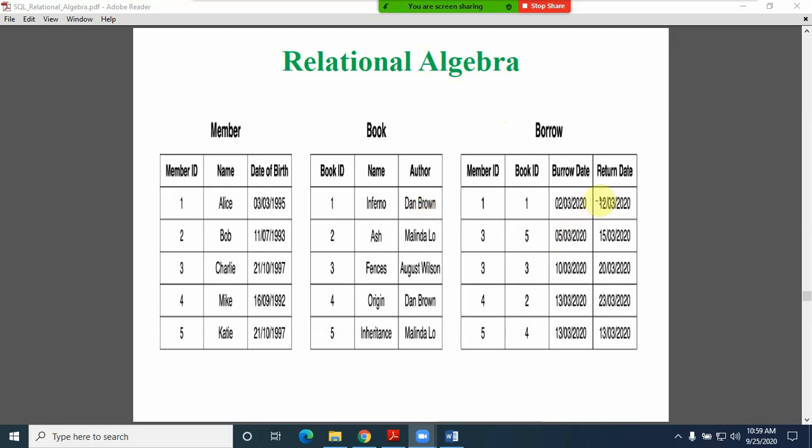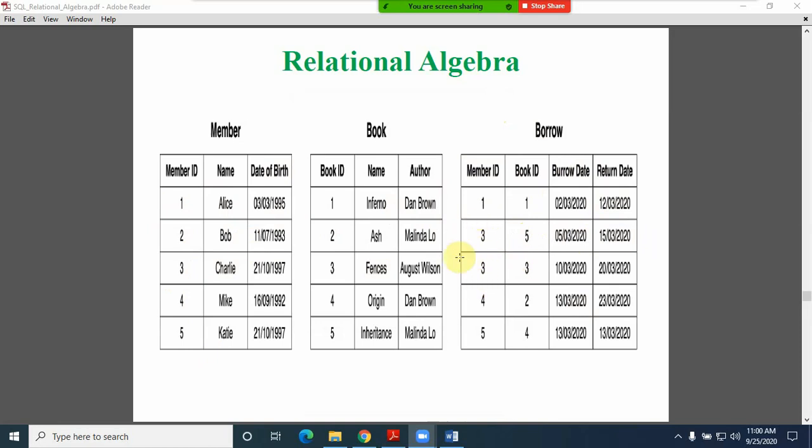If you are referencing this particular borrow, we are trying to find multiple times the member would have taken the book. Suppose in this example, observe here, friends, the third member has taken multiple books. Third member, because book id 5, book id 3, so 3 repeated twice.